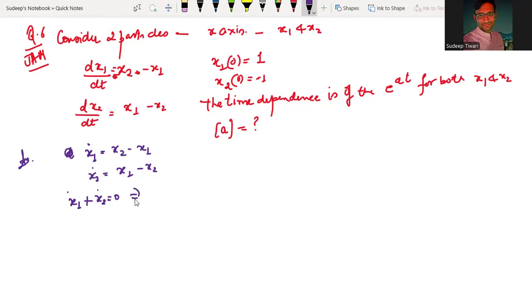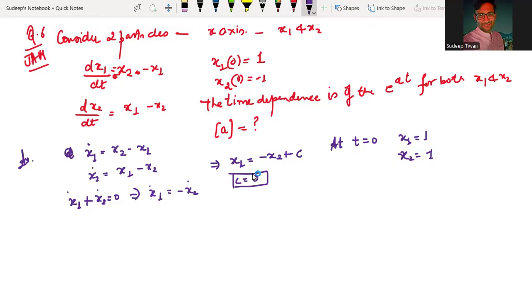So x1 dot is equal to minus x2 dot, and you can integrate and get x1 is equal to minus x2 plus some constant of integration. At t equal to 0, you already know that x1 is equal to 1 and x2 is equal to minus 1, so c would be equal to 0. Now since c is equal to 0, x1 is equal to minus x2.